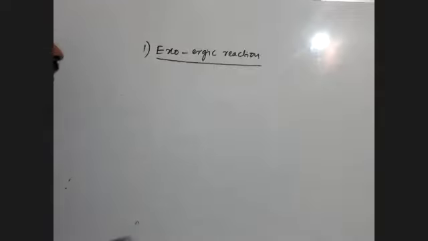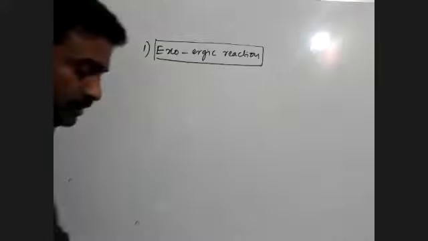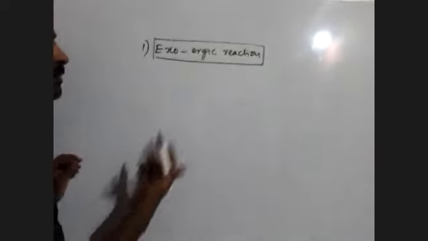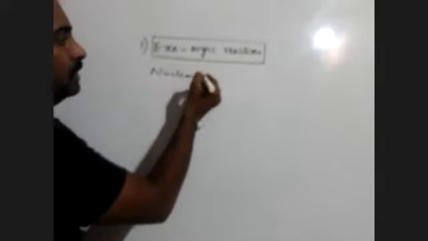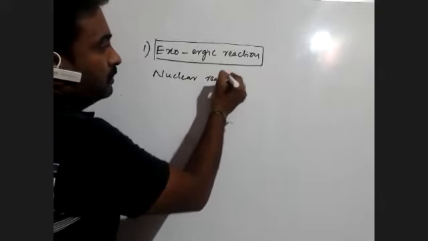Okay. Here our topic is exoergic reaction. I think in chemistry also we might have discussed exoergic reactions, a chemical reaction in which energy is released. Here also, but I am not talking with respect to the atom, I am speaking with respect to the nucleus.